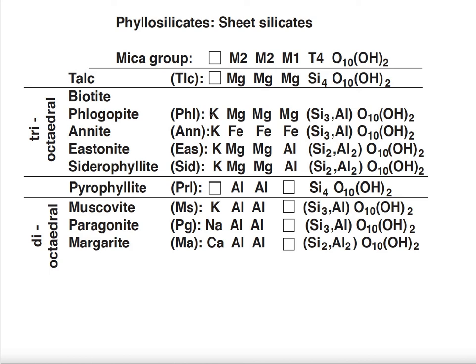The next thing we can do is an FM exchange, replacing magnesium with iron. Then we have potassium, Fe3, Si3, Al, O10 OH2. But by now we are forming an eastonite, and the eastonite has one additional substitution, and that is a Tschermak exchange.